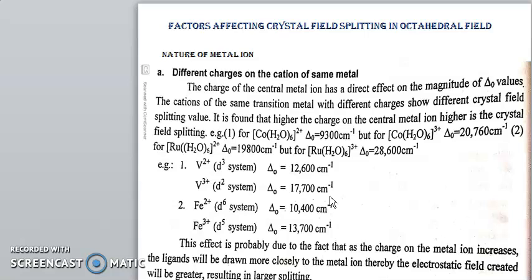There are four to five different factors which affect the crystal field splitting in the octahedral field. All these factors depend on the nature of the metal ion. The nature of the metal center is most important. The influence of this factor can be studied under some points in the next lecture.